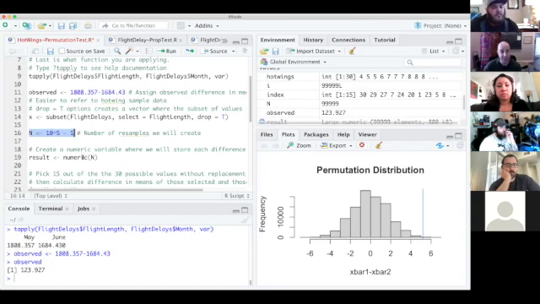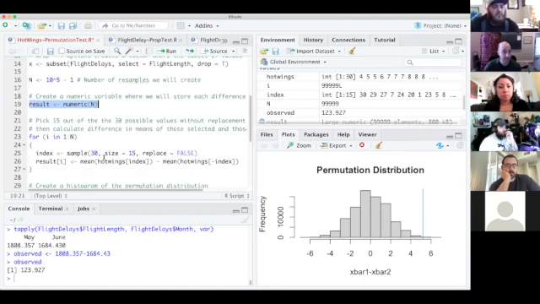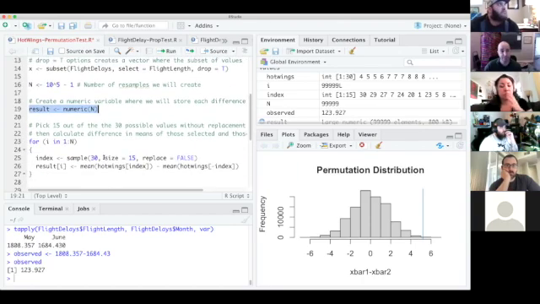I don't need to change this. I don't need to change that. But I do need to change this. And now we need to know how many flights were in each of these data sets, right?